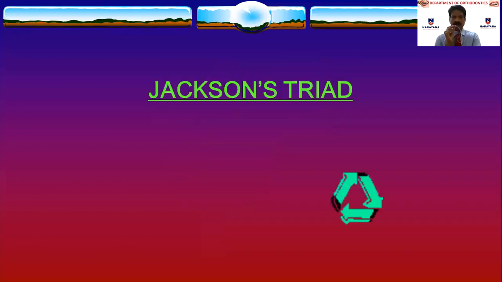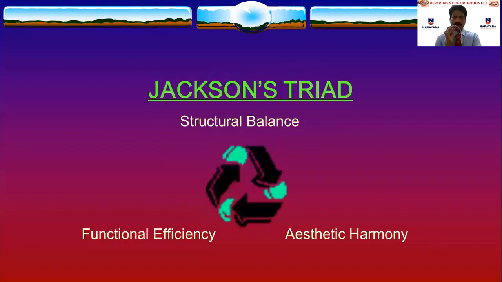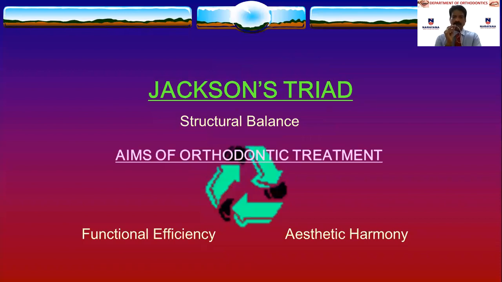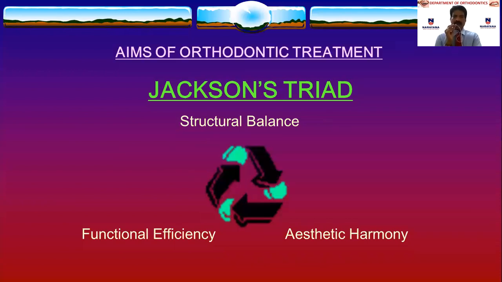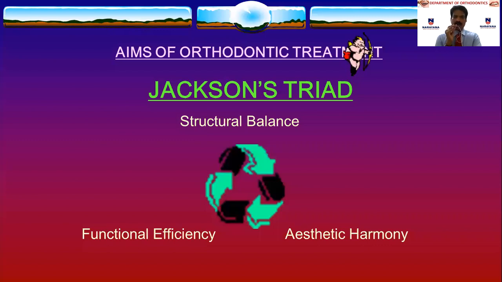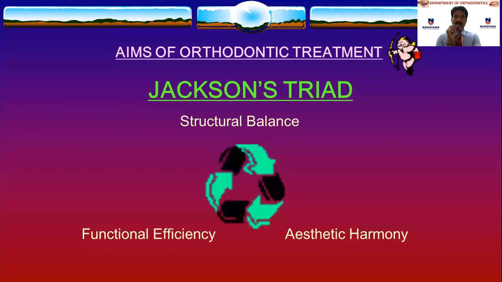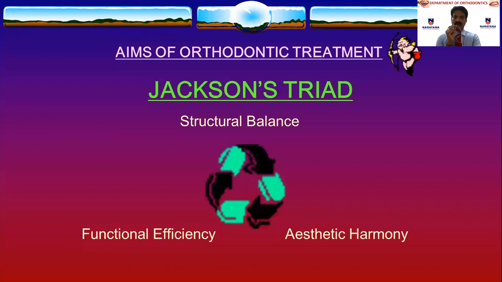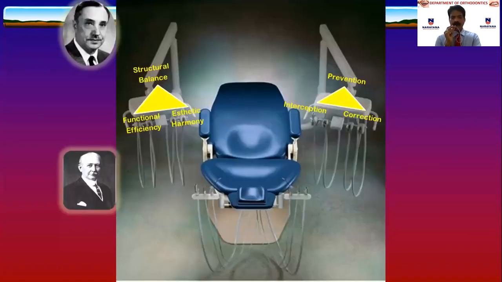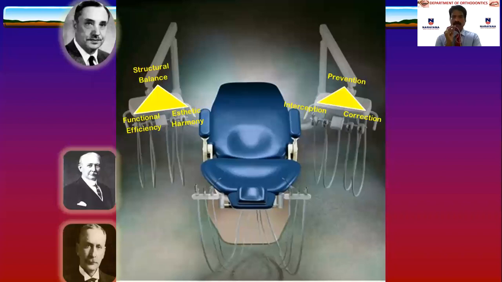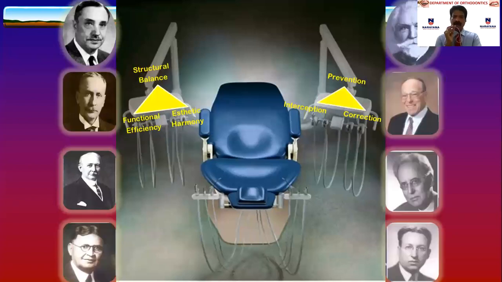Okay, so this name you will have to remember, the Jackson's triad, the aim of orthodontic treatment. The Jackson's triad: the structural balance, the functional efficiency, and the aesthetic harmony. Those are the aims of orthodontic treatment.